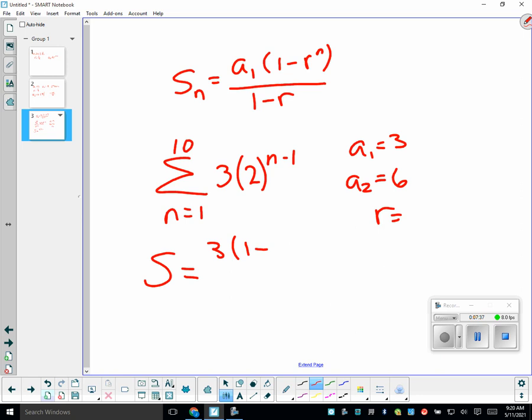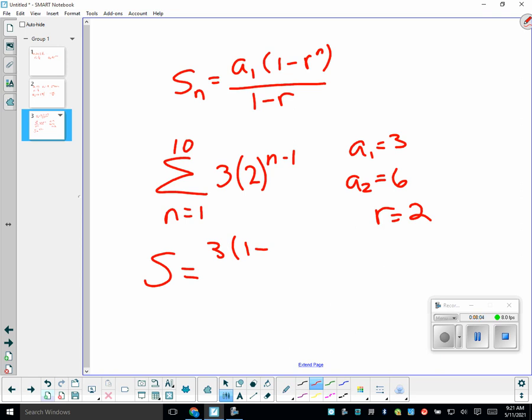Isn't R the second divided by the first? Yeah. Well, didn't we just use the R's in the equation? What R is in the equation? Well, it says 2 where R should be. How do you know R should be there? Because that's the way the general equation works. Okay. Some people don't pick up on that, Chandler.